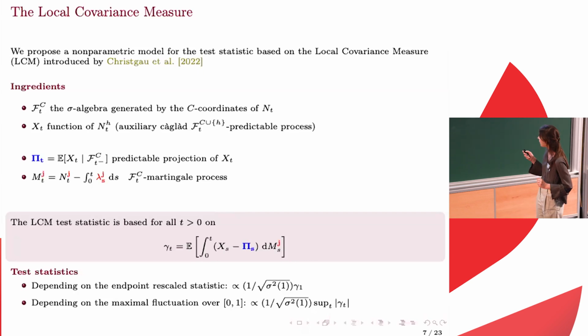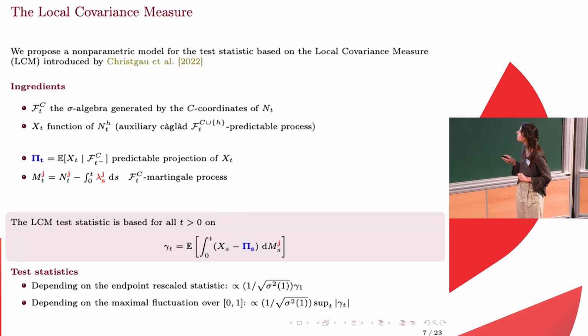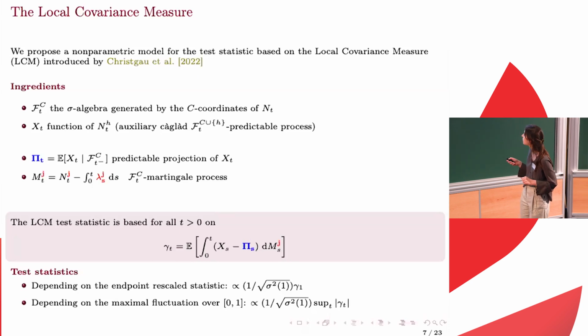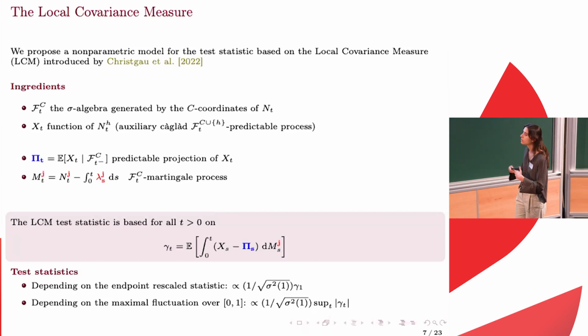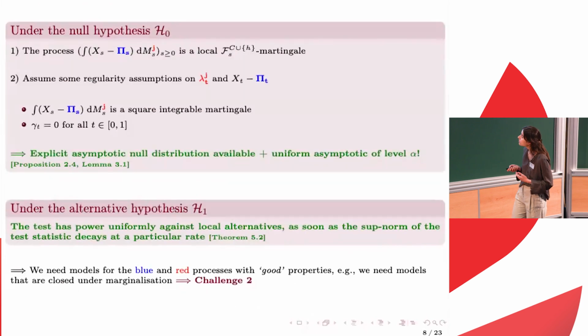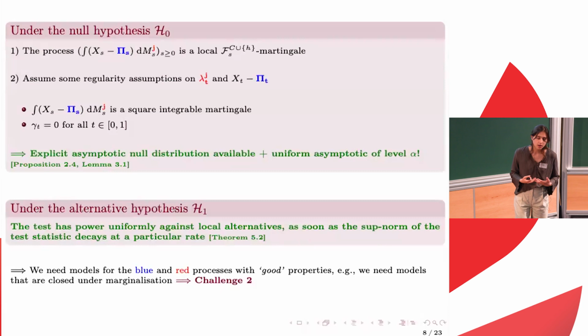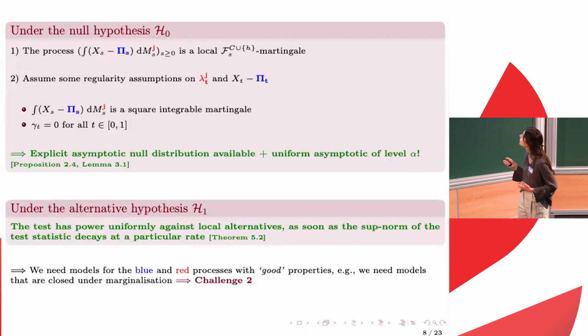Some examples of test statistics are the one that depends on the endpoint, so when t equals 1, or otherwise you can look at the largest deviation of this measure over my observational time. They prove some very nice guarantees under the null and under the alternative.